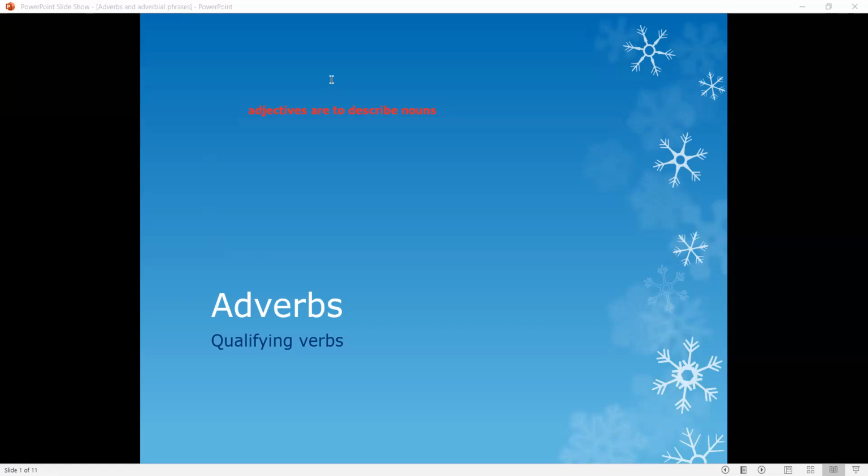All right. What about adverbs? They are to qualify or modify or describe verbs, and sometimes adjectives too. We're going to learn this later on. But let's focus on adverbs that qualify or modify or describe the verbs.